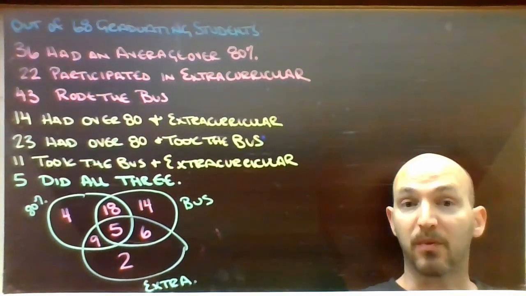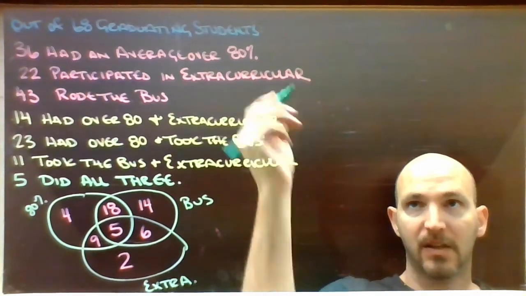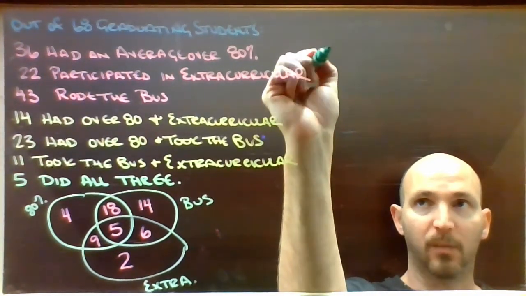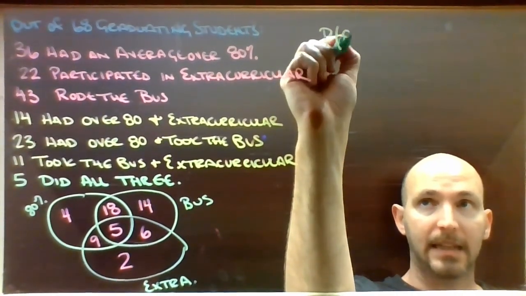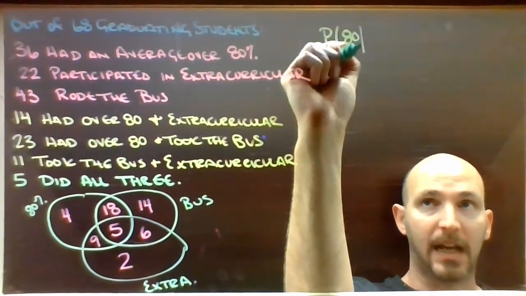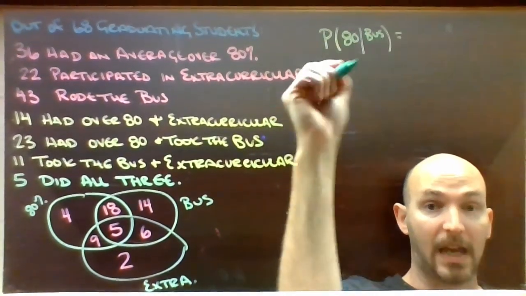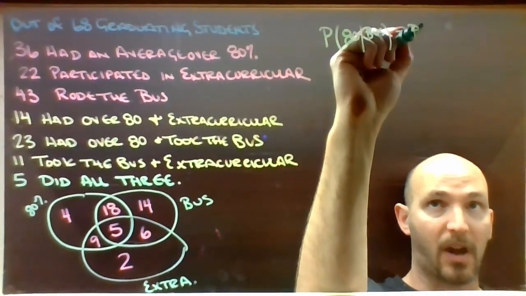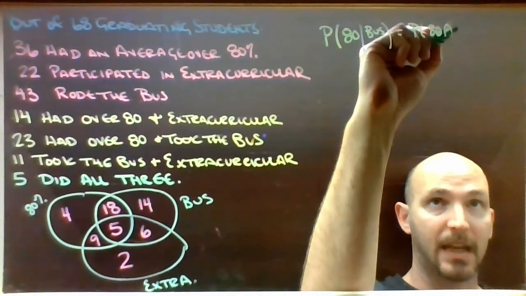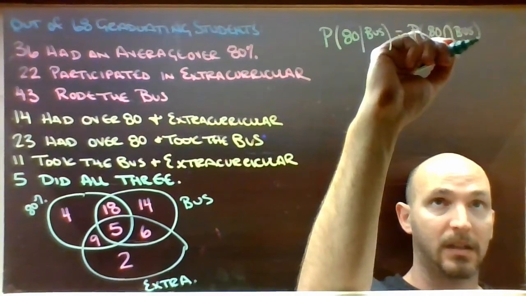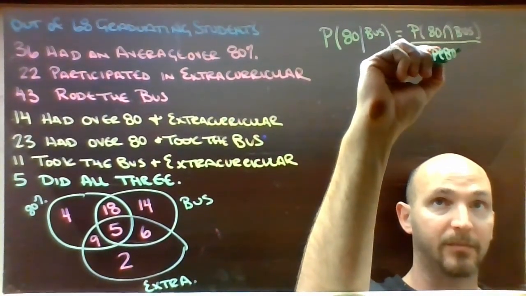Now, the way this is presented on Khan Academy is using conditional probabilities. So they would have asked, what is the probability of getting an 80 given that you took the bus? Now, to calculate that, you would have to do the probability of getting an 80 and taking the bus and divide it by the probability of taking the bus.